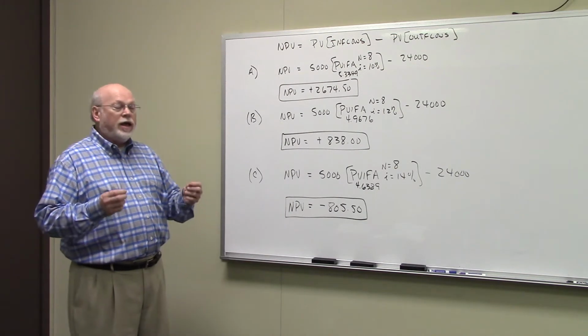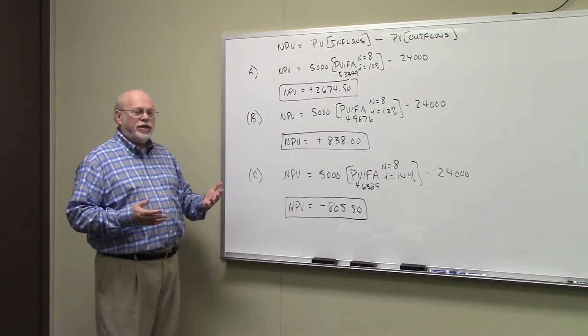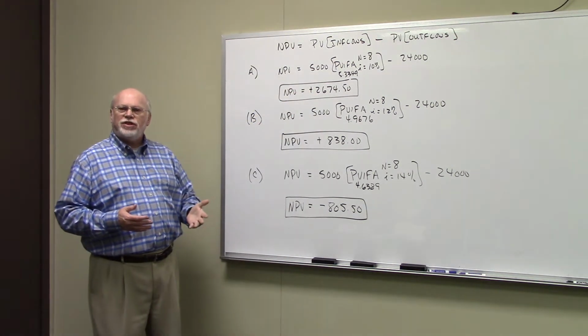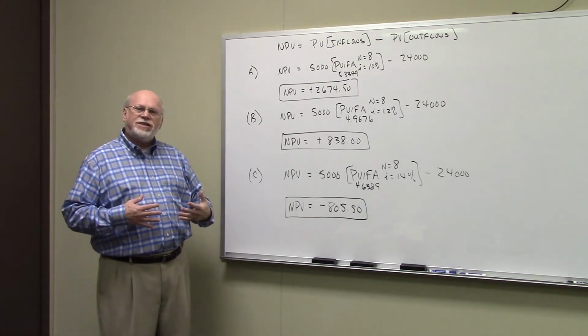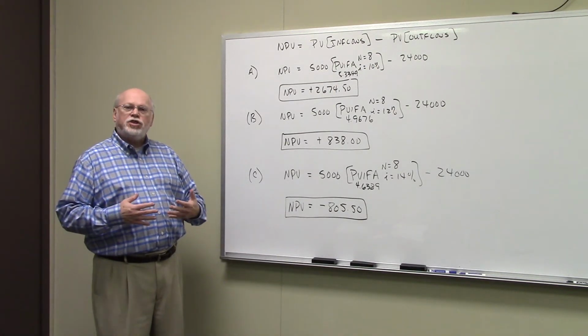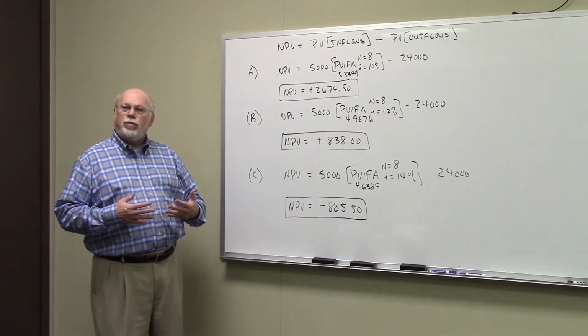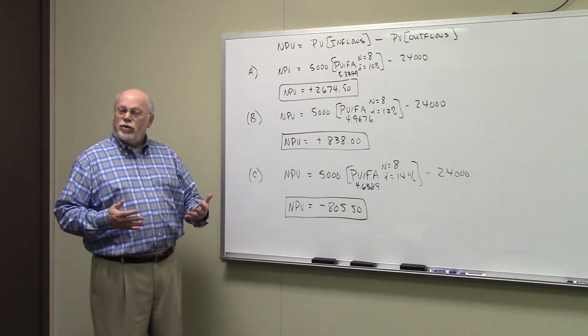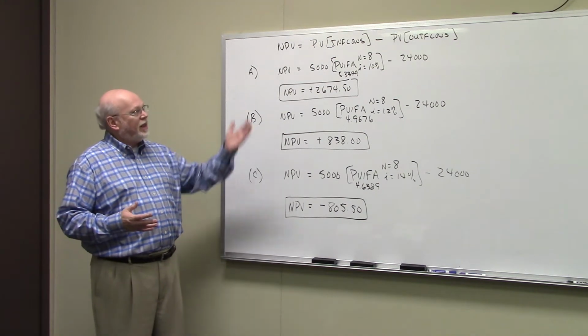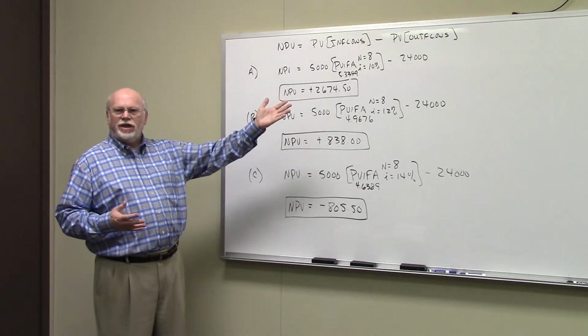Now, how do you calculate net present value? You find the present value of the inflows minus the present value of the outflows. In this case, the inflows are an annuity, so to find the present value of the annuity, we multiply $5,000 times the PVIFA, with N equal to 8 and I equal to 10%.